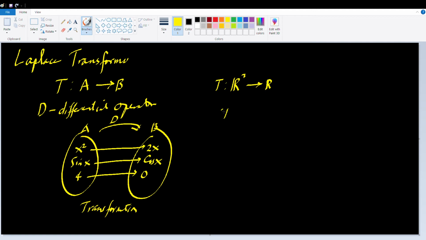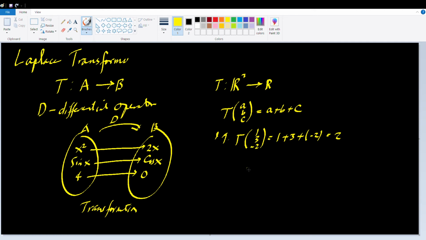The transformation is defined by T of any vector with components a, b, c equal to a plus b plus c. For example, the transformation of the vector (1, 3, -2) will be equal to 1 plus 3 plus -2, which is equal to 2.